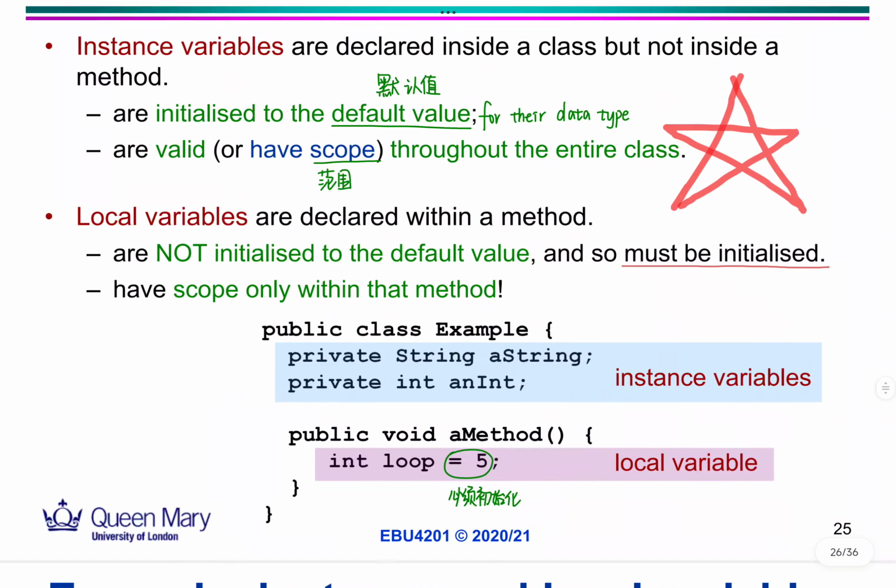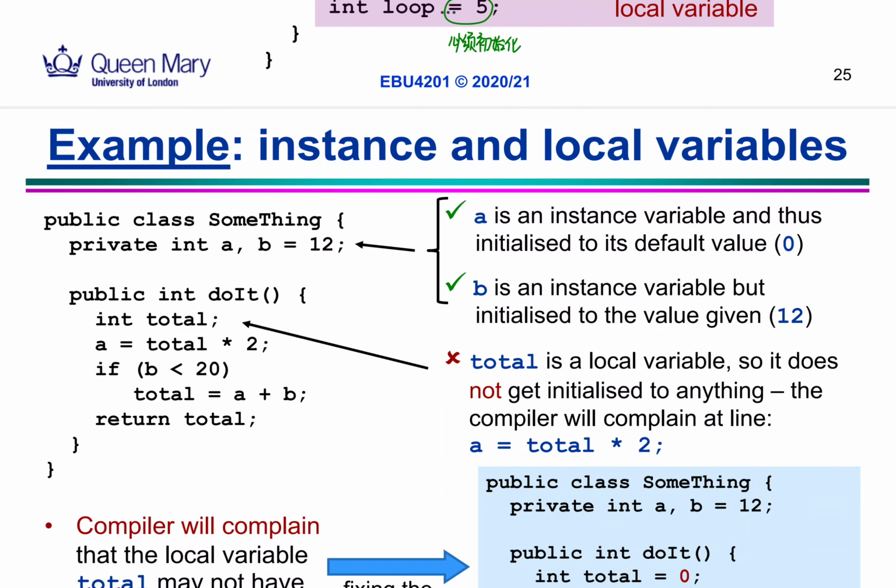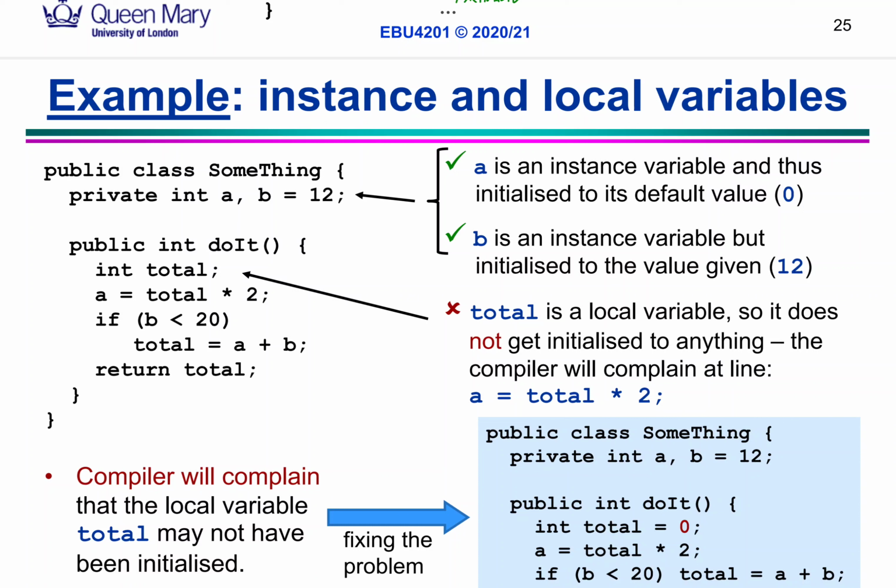This doesn't mean that all of them are set to 12, but A is set to 0 and 12 total.